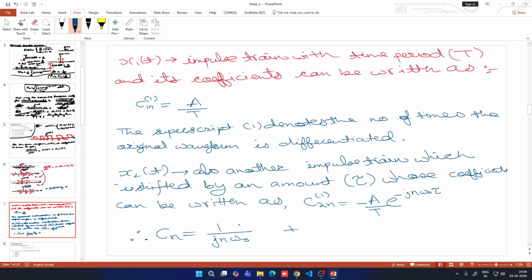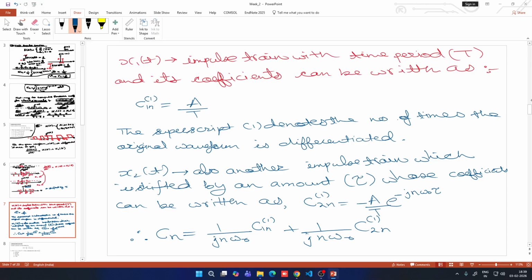So Cn is equal to C1n plus j n omega naught C2n, because this came from x2 of t, this one came from x1 of t. Both are differentiated once. So this is Cn.